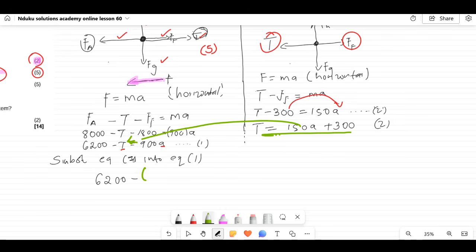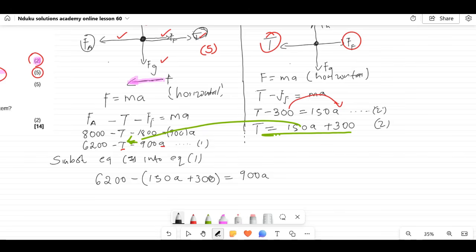So I will have, continuing using black, 150a plus 300 being equal to 900a. Good.